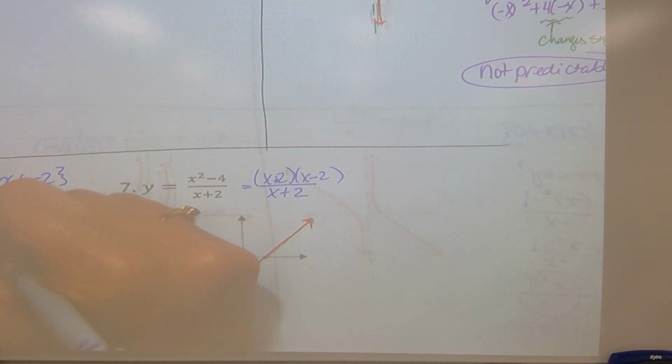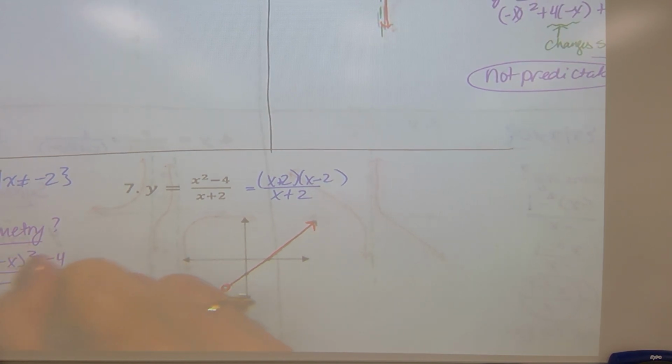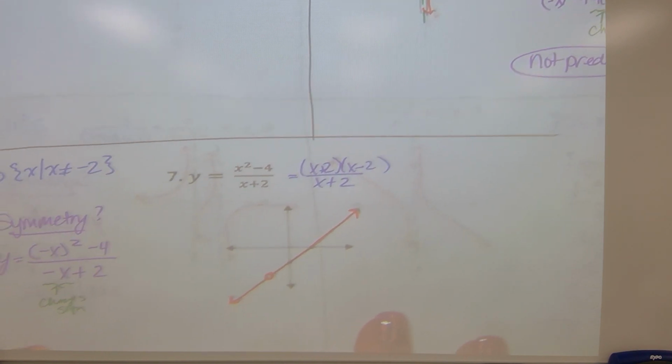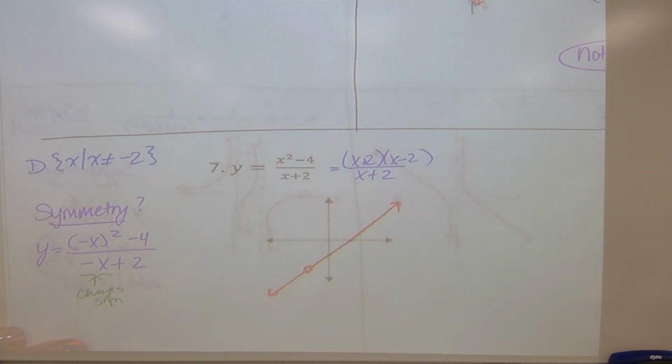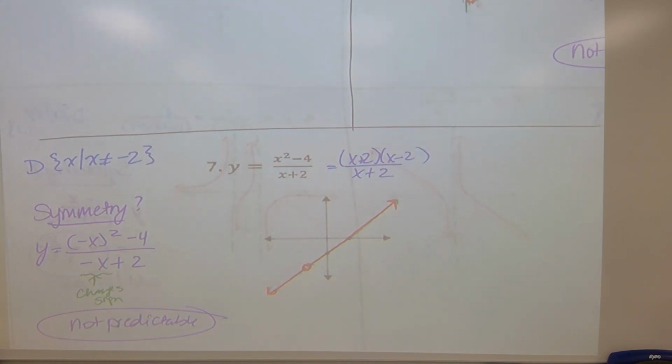If I do the symmetry test, because I'm not starting with a graph, I'm just starting with a function, when I plug in that negative x, my numerator stays the same. One term in my denominator changes sign. And if just one term in the numerator or denominator changes sign, then it is not predictable symmetry, because that whole thing didn't change, just the single term changed.